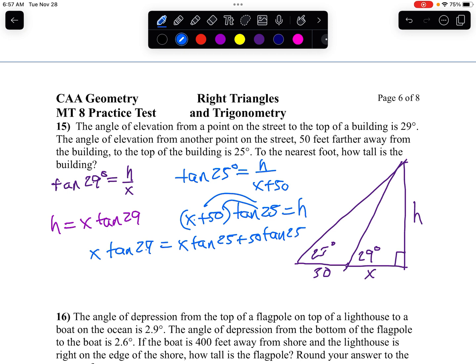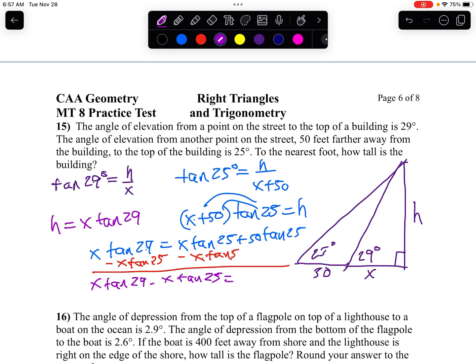Now to solve for X, let's subtract X times the tangent of 25 from both sides. So then we get X times the tangent of 29 minus X times the tangent of 25. You could have changed these to decimals, by the way, but I like to work with this one. Equals 50 times the tangent of 25.